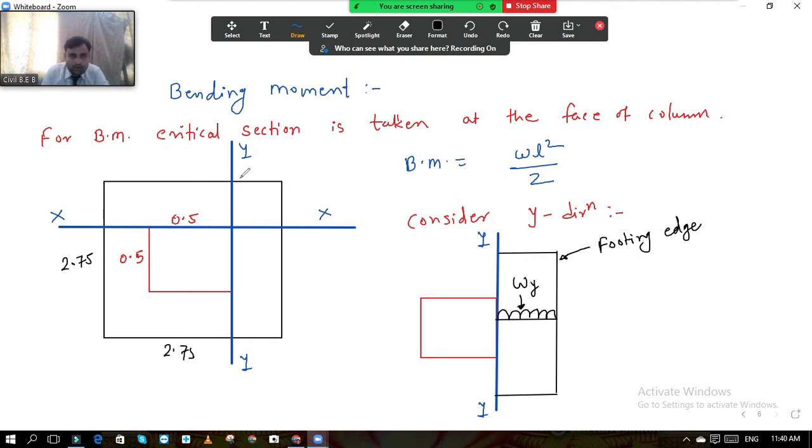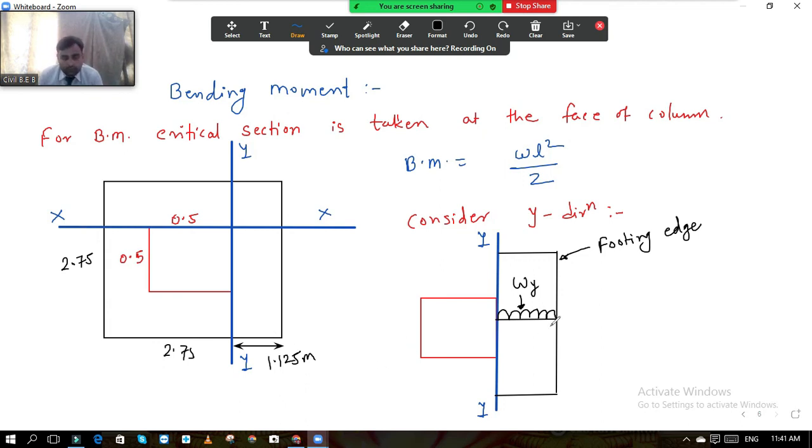And what is this length? We have already calculated this length. We previously calculated it, it is 1.125 meters. You can see the previous slides.